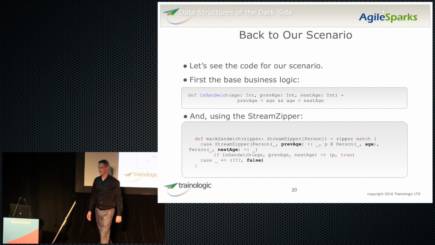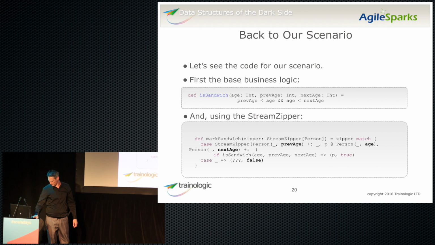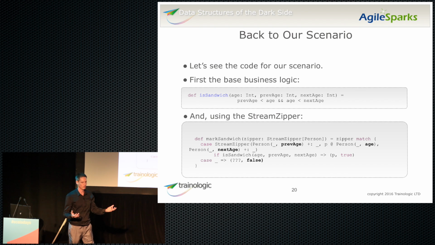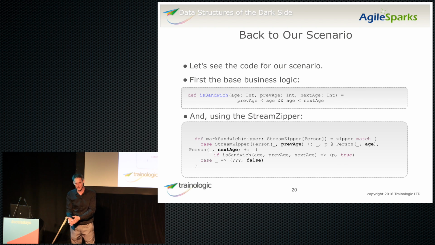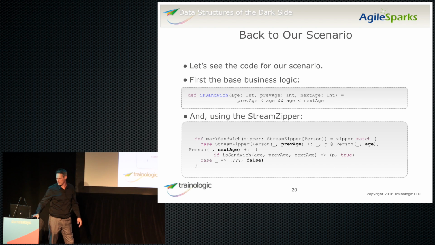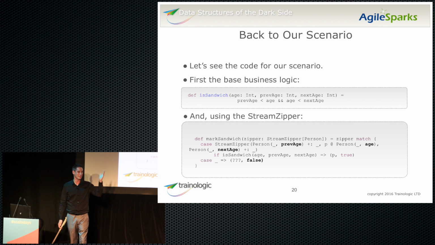I'm matching over here. What does this part do? Remember, every pattern match is composed of two operations: the check, whether this matches our input, and the extraction. So what I'm matching here is whether the left part is non-empty. There's at least a single previous person.